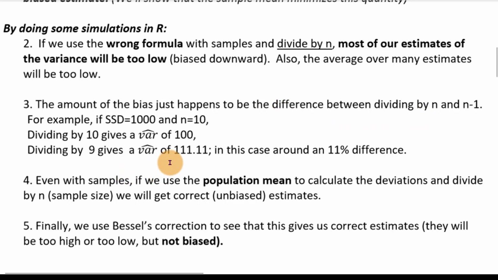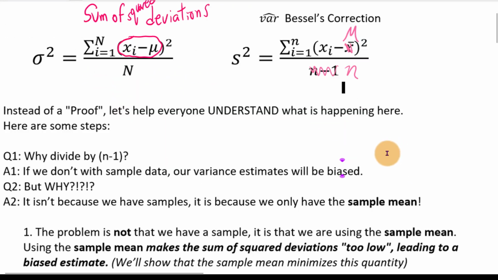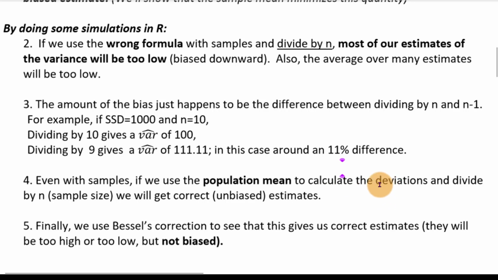Number 4, we're going to see that even if we just have samples of data, if instead of plugging in the sample mean into that variance formula, we plugged in the population mean there instead, so if we instead know the population mean and we plug it in this formula, then we don't have to divide by n-1, and our estimates are going to get much, much closer to being correct. So if we use the population mean in that formula, we don't have to divide by n-1.